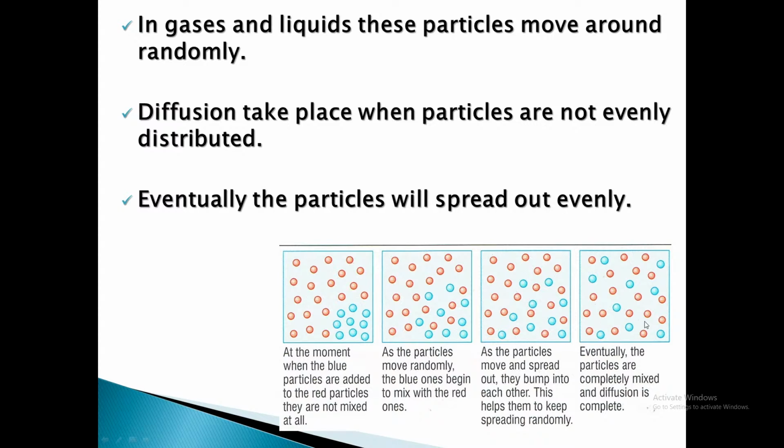Now looking at the first box, you will see they said that at the moment when the blue particles are added to the red particles, they are not mixed at all. You will realize that in the bottom right hand corner is where you're seeing all of the blue particles.